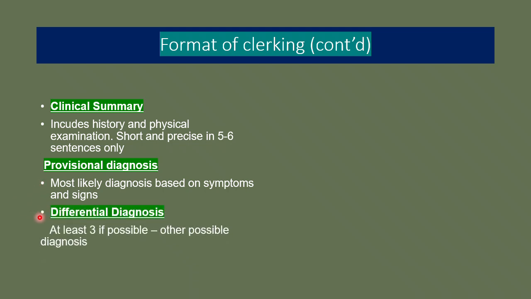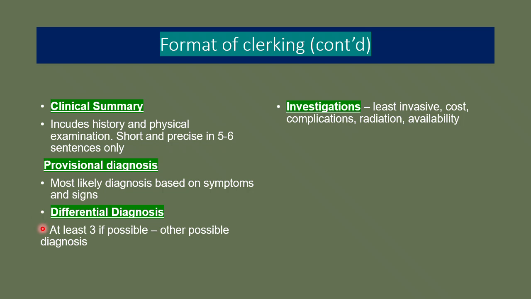At the same time, you should also be able to give at least 3 other possible differential diagnoses for the patient. After this diagnosis is entertained, you go on to the investigations to confirm or exclude your diagnosis.